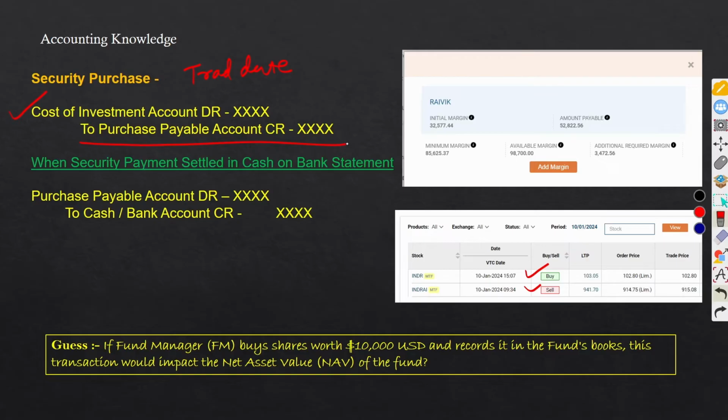And when the security payment is settled in cash, in the bank statement or in the demat account, you prepare the accounting entry with purchase payable account debit, cash or bank account credit, because cash goes out on the settlement date.